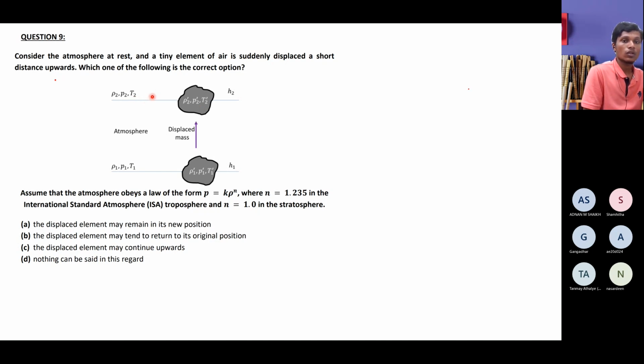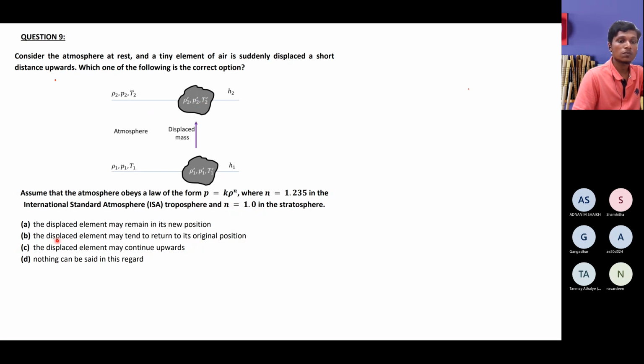Here they are asking us to understand how this figure will let us comment on the four options. Let's see what they are posing. The first option: the displaced element may remain in its new position. That means the element goes to the new position and stays there.